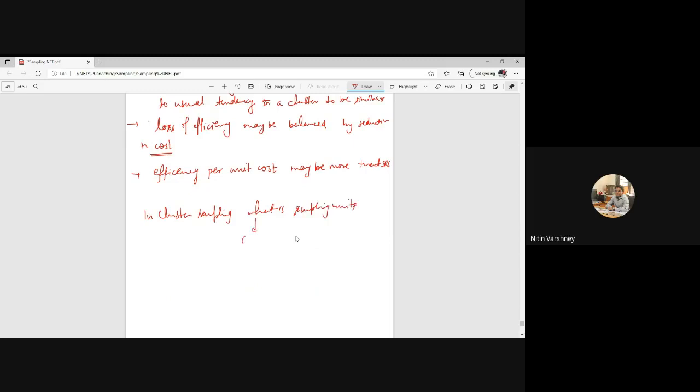Our clusters are the sampling units, because we are making clusters, and after that we select clusters as a sample. Then we make a complete enumeration of all the units of the selected clusters. So the sampling unit is the cluster.